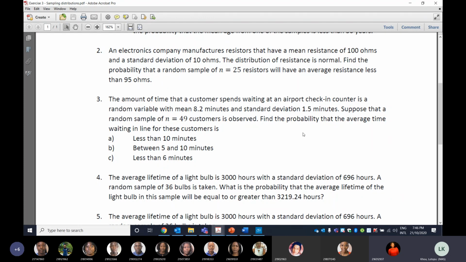Okay, this is where we're standardizing it.